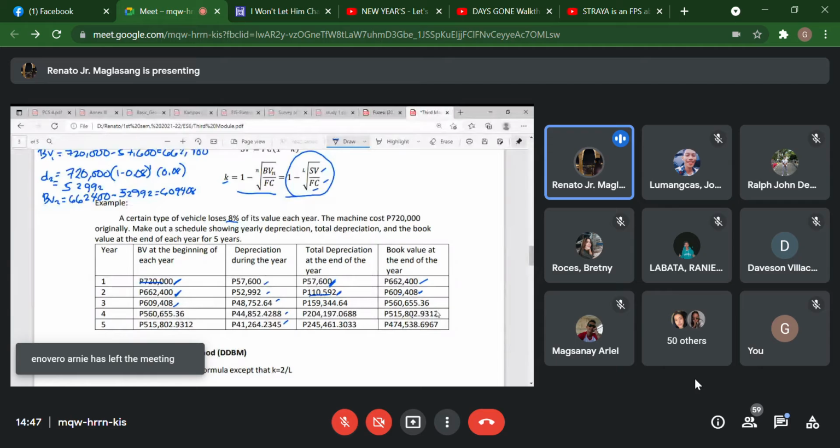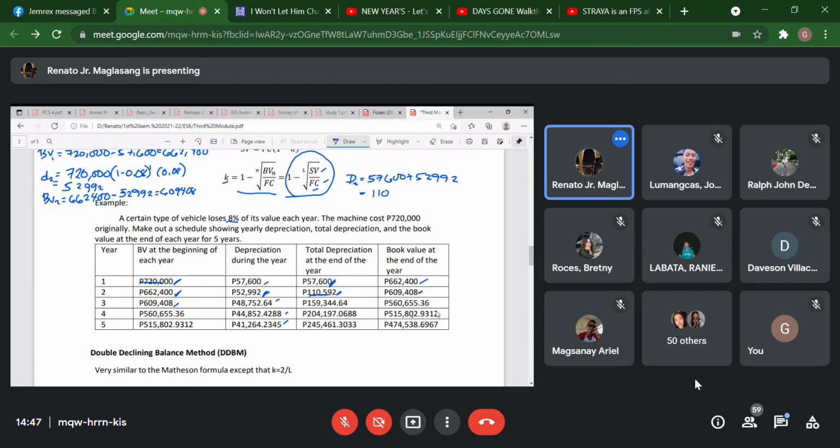So for example, D sub 2 is equal to 57,600 plus 52,992. So that's why you will have 110,592. So for D sub 3, again 110,592 plus 48,752.64. So that's why you will have this one.